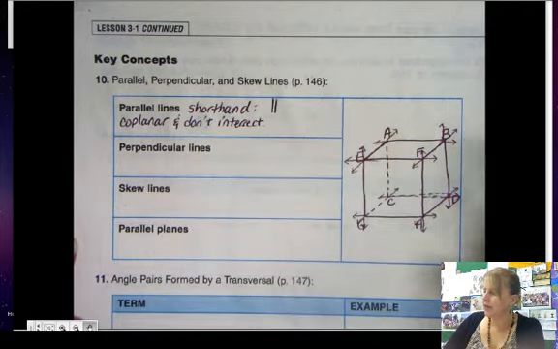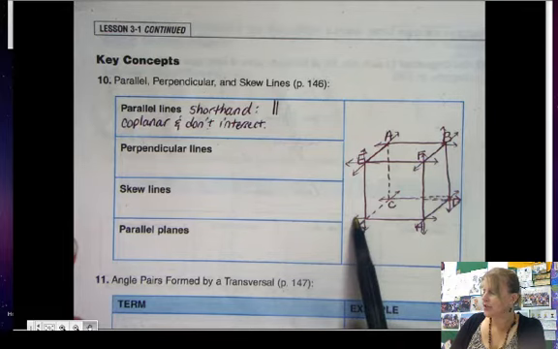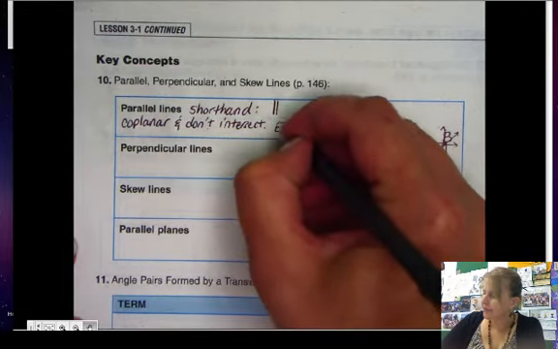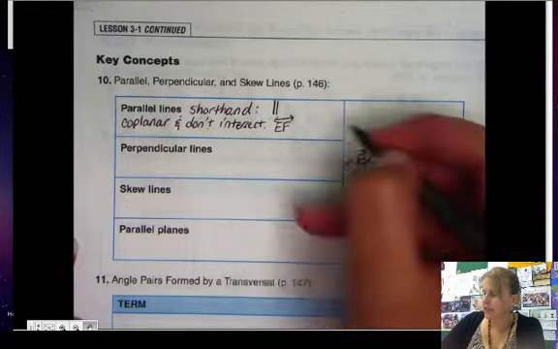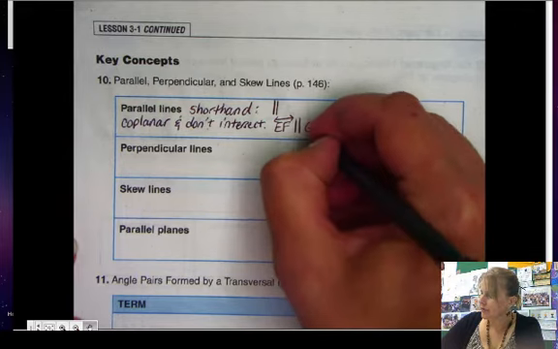Some parallel lines here would be, for example, EF and GH. So we could write line EF, with a line symbol, is parallel to GH.